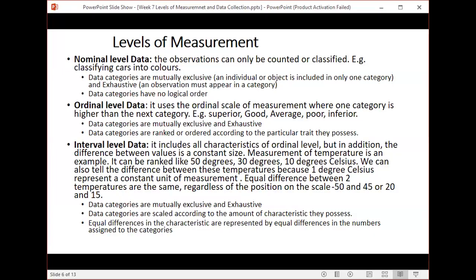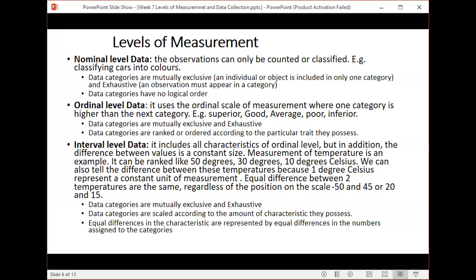Red cars are in the red category, blue cars in the blue category, green cars in the green category, and we cannot have one that is here and also here. It is also exhaustive. Exhaustive means that every car that passes from 6 a.m. to 6 p.m. should get a category to fit. I can't say that a car passed and I didn't know where to put it. So the first characteristic is that data categories are mutually exclusive and exhaustive.